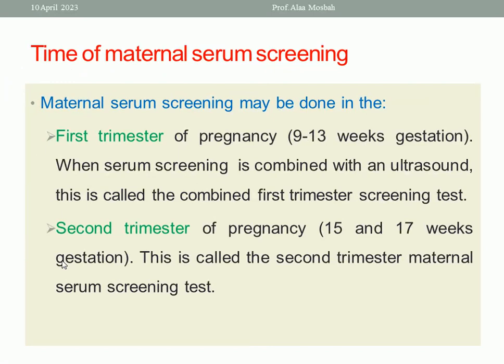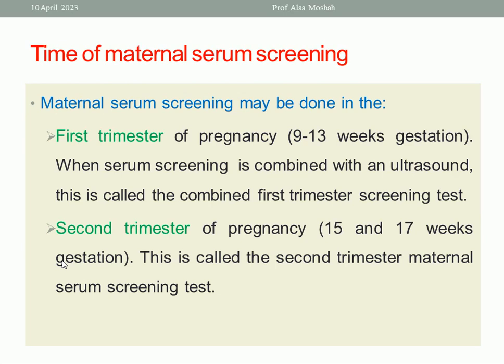Okay, what about the maternal serum screening? It is divided into first trimester and second trimester. During first trimester of pregnancy, between 9 and 13 weeks, you can do this test.